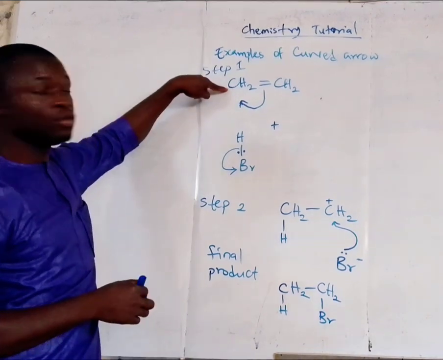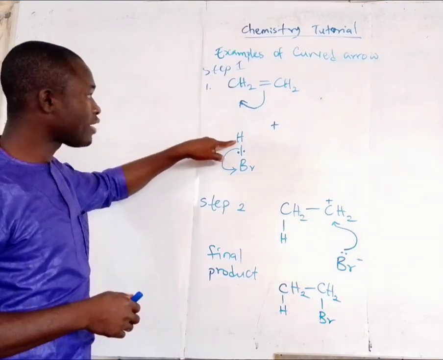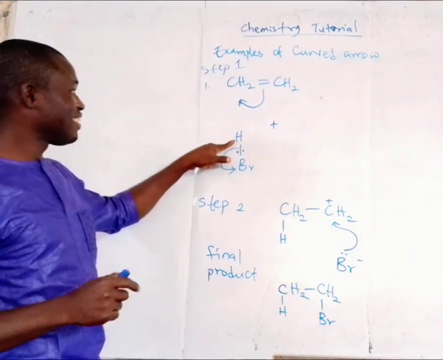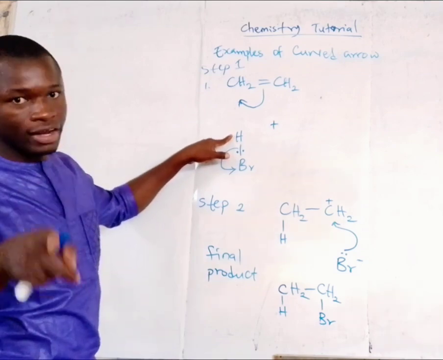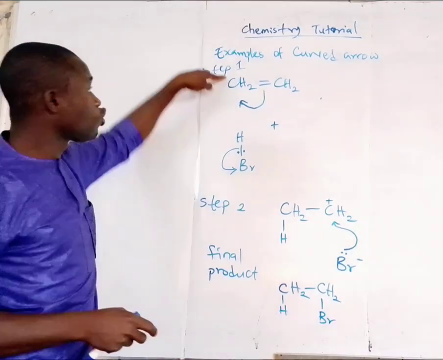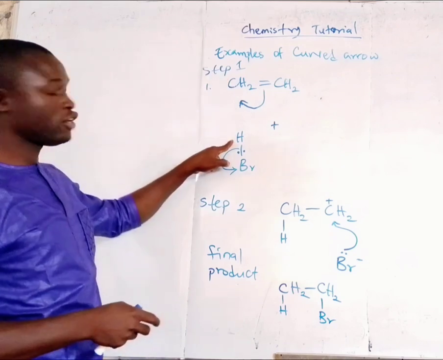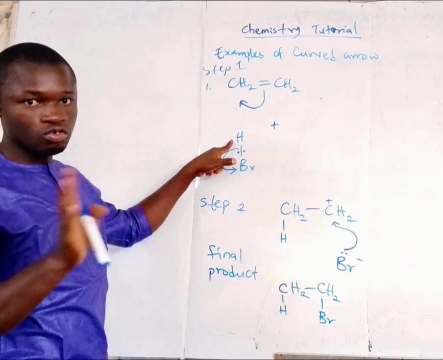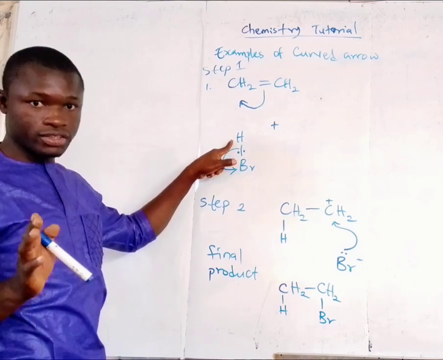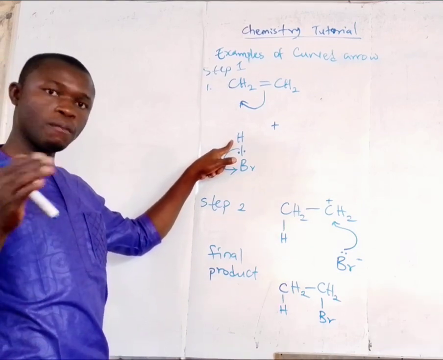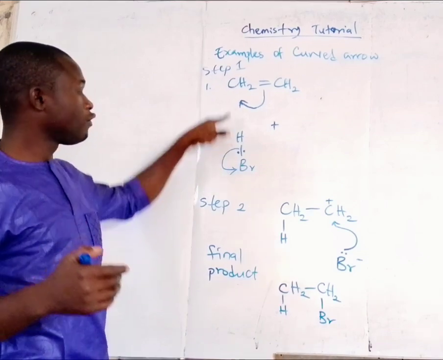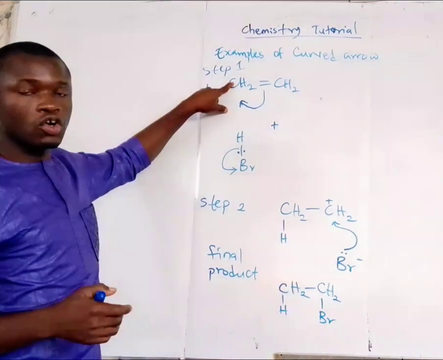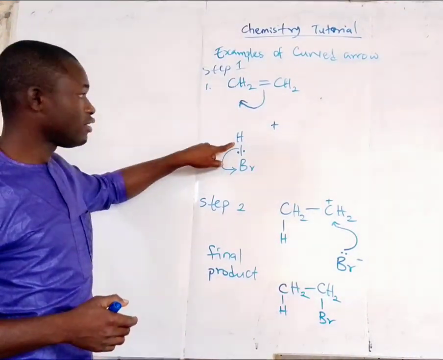It means this carbon is rich in electron, and this one is deficient. No need to show that one, except if you want more breakdown, you can contact me.